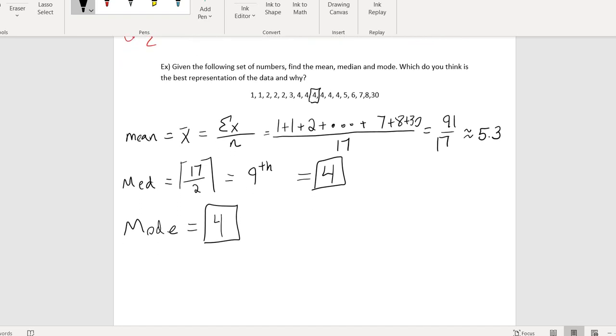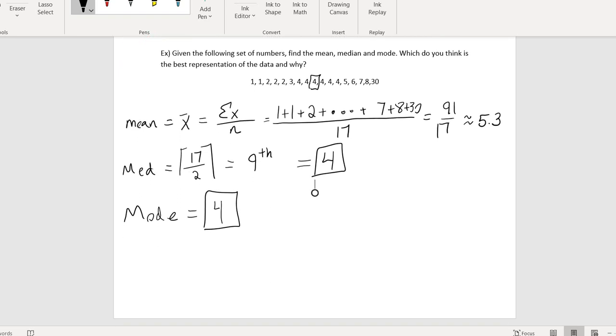Now, the next question is which one is probably the best representation of our data? If we look at our data, first let's analyze the mean. 5.3, is that a very good representation of our data? Well, numbers like 5.3 would occur around here. Note that over half of our data is actually below that.